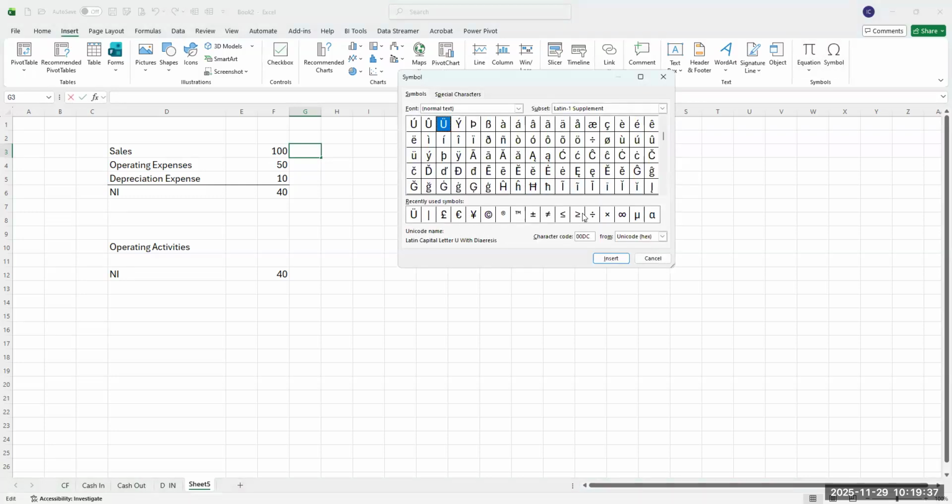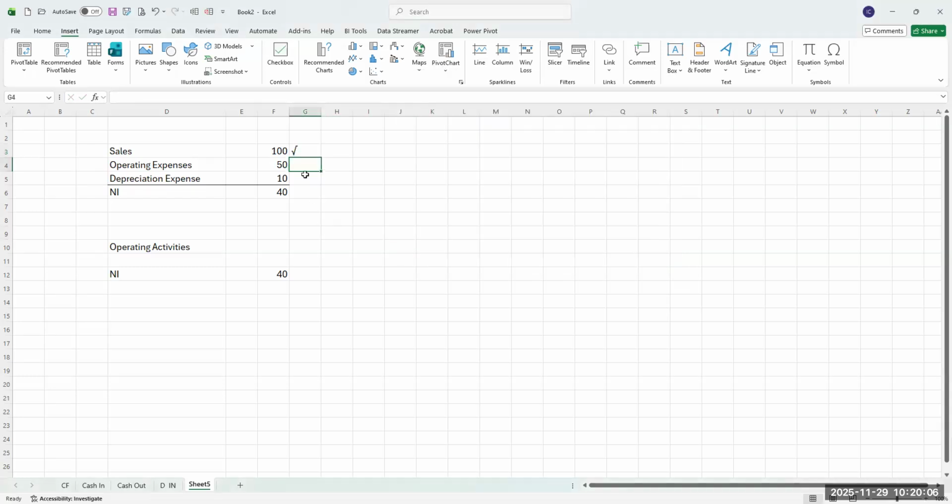Where is the check mark here? Yeah, I can use this as a check mark. Check. 100, check. Next one, 50. They say all the operating expenses are cash items. Okay, next one, check.